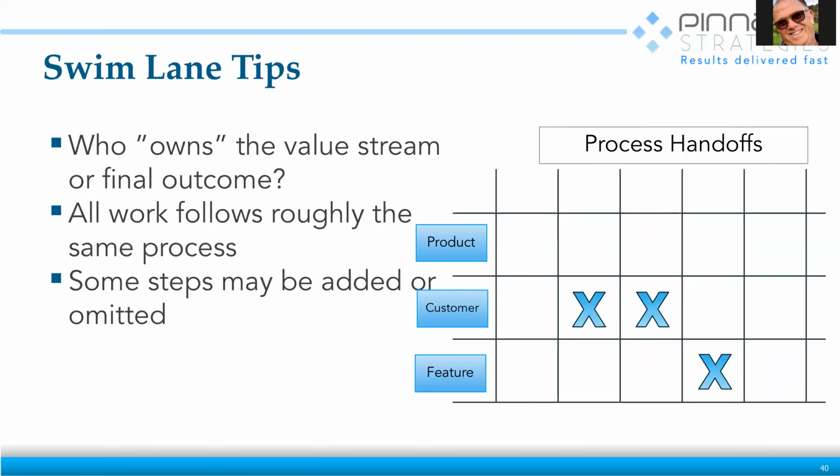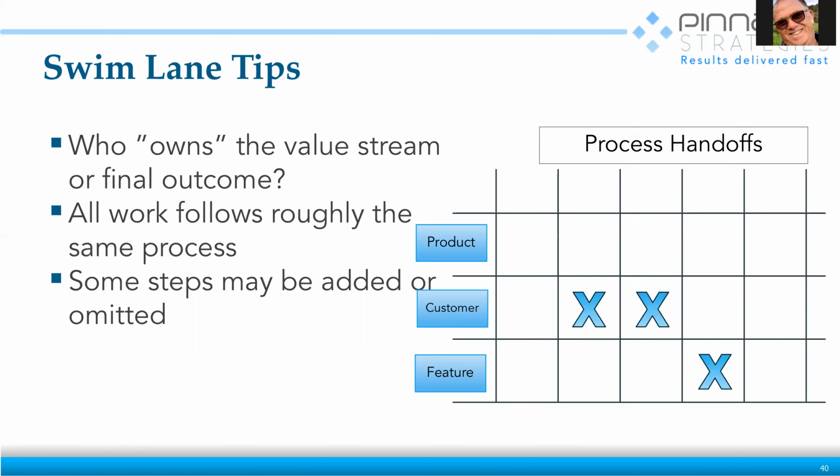And don't feel like every product has to go through every step. We've built boards where some products will skip certain steps, or some things in a swim lane will have extra steps. It doesn't really matter. You can be pretty flexible and not be dogmatic.